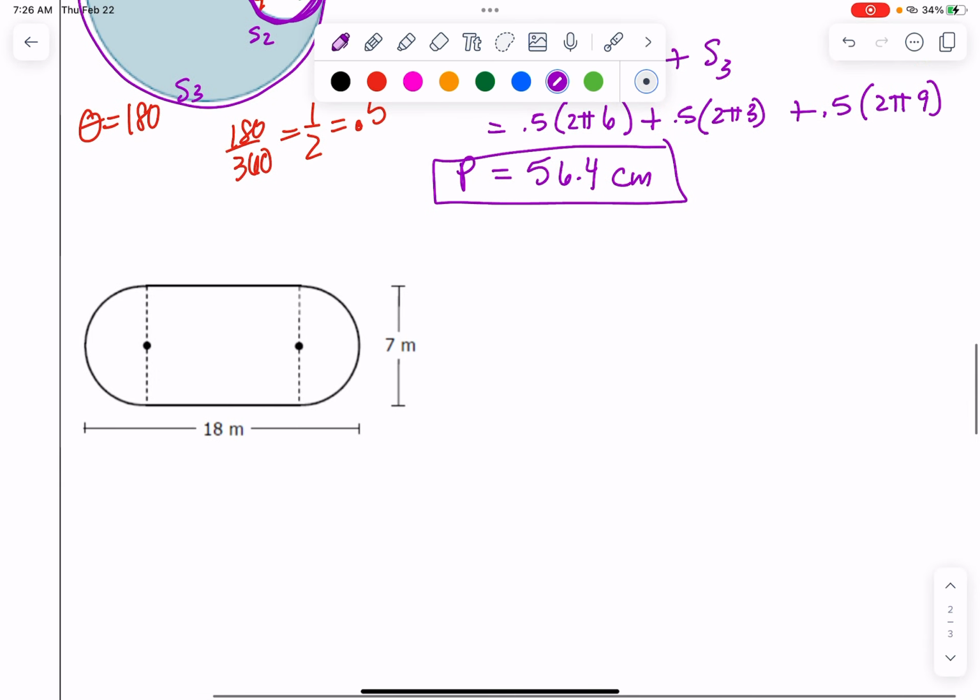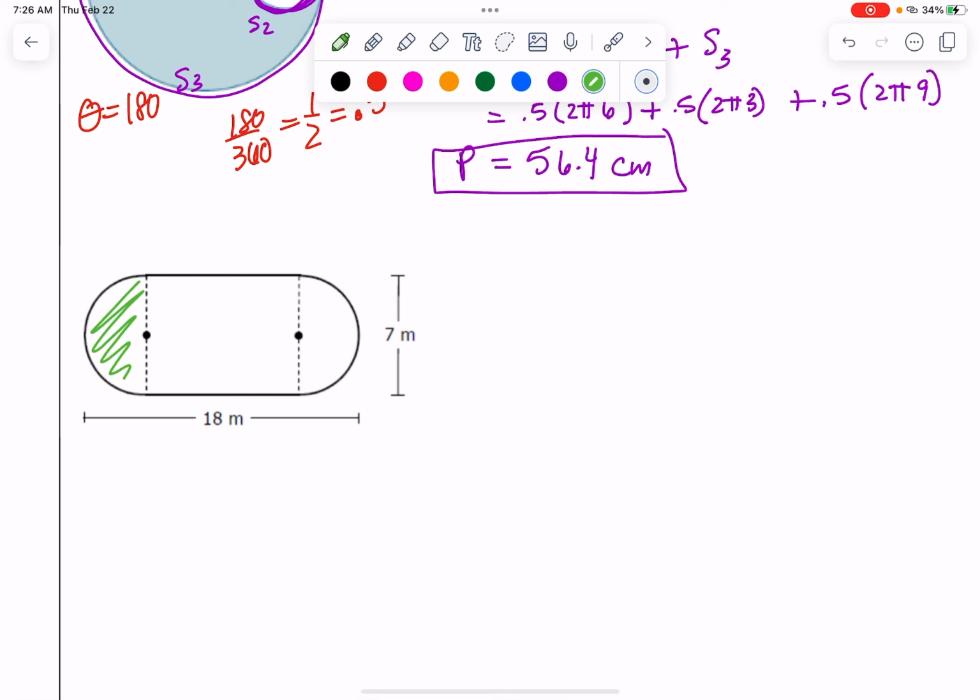Last one. I see a semicircle here and a semicircle here. But this plus this equals a circle. So what I really have is a rectangle plus a circle. I could do it with 2 semicircles. That just seems like more work to me. Now I have to have some understanding about how shapes work.